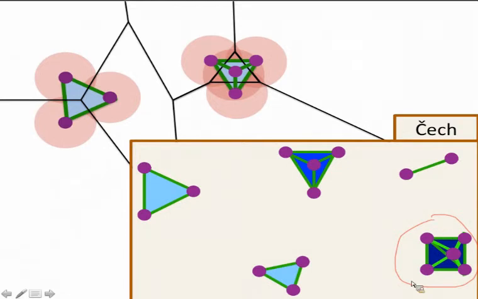But if I take a look at the 2 simplices here, if I take a look at the triangles, well, I've got 5 points. I choose 3 of them to create a triangle. 5 choose 3 is 10. So I've got 10 triangles here, versus if I do the alpha complex, I'll have far fewer triangles.